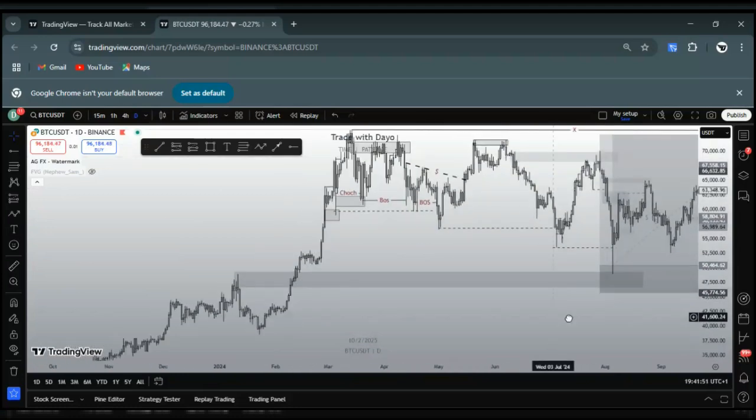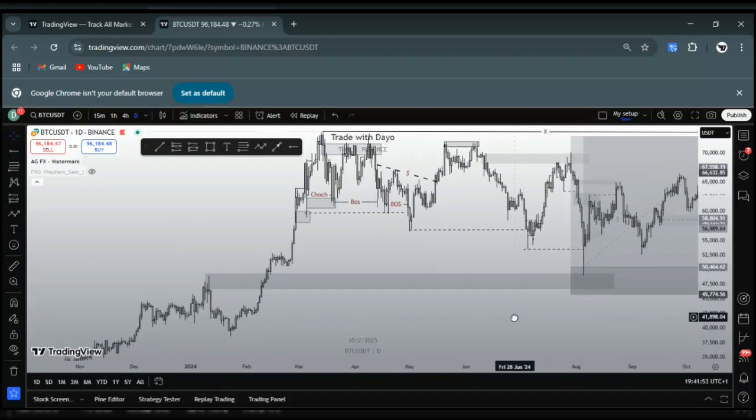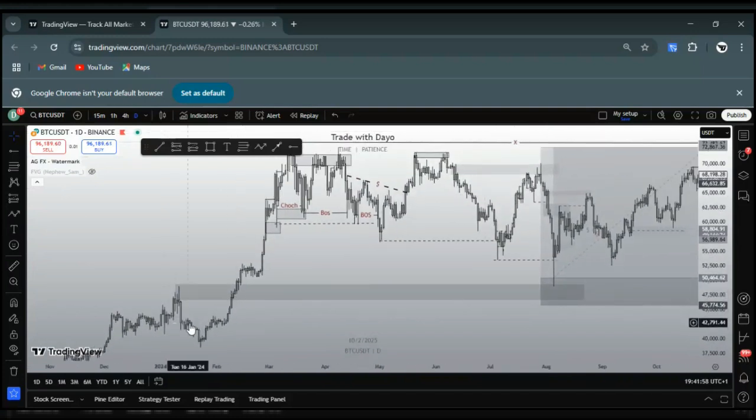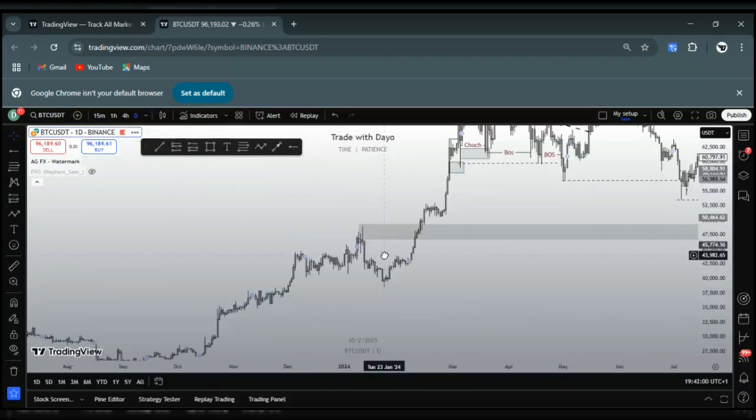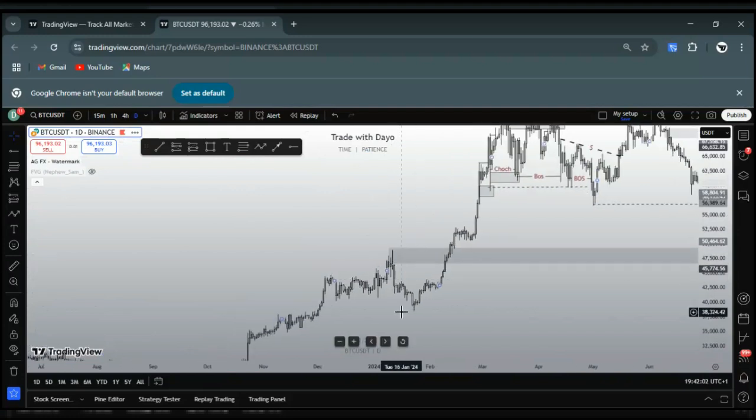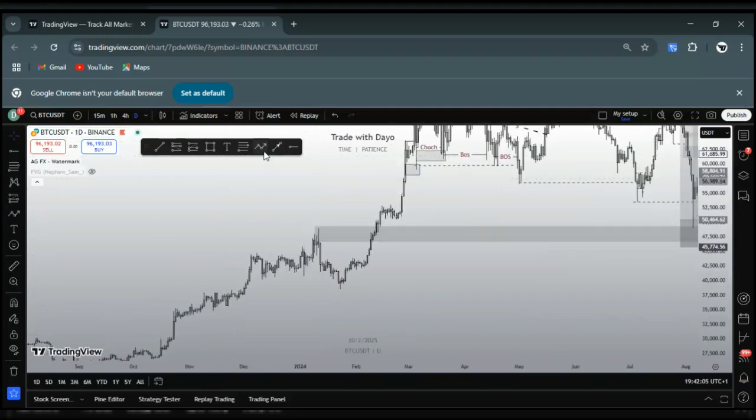So now, what's happened here in our one day, our daily time frame? According to this price action, you can see it's quite rough, but it went up. See what it did from here. It went up to this place, then went again down, then still went up.